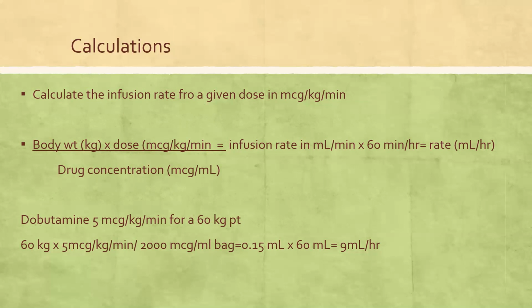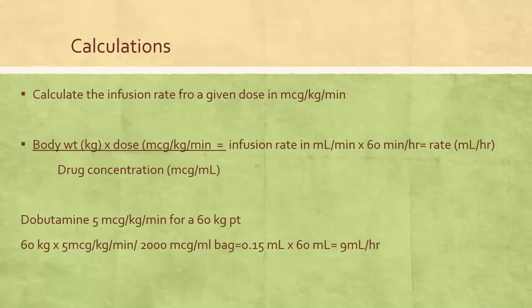Do you want me to go over that one more time? So we've got a 60 kilogram patient. We know we're starting 5 micrograms per kilogram per minute. So 60 times 5, and we've got all our factors there. We're going to divide that by the drug concentration, which we have already calculated or maybe been provided.